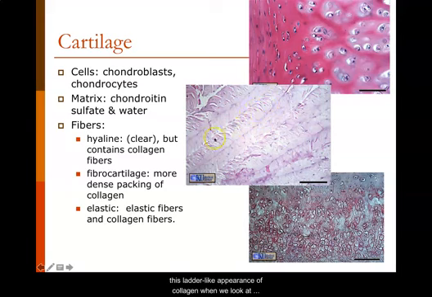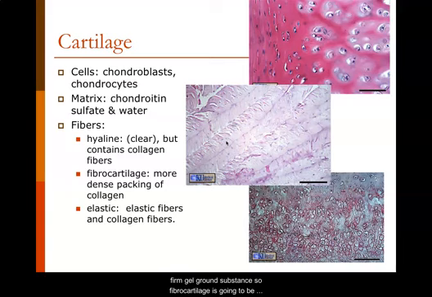Now, we don't always see this ladder-like appearance of collagen when we look at fibrocartilage, but what you'll notice is collagen fibers become very obvious, and you start to see almost the grain of the collagen, just like you have grain of wood that you might be looking at when you look at any sort of lumber. The collagen fibers are much more organized. And what that also does is it packs and it stacks the chondroitin sulfate firm gel ground substance.